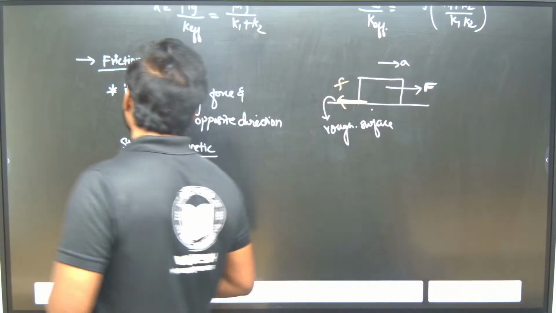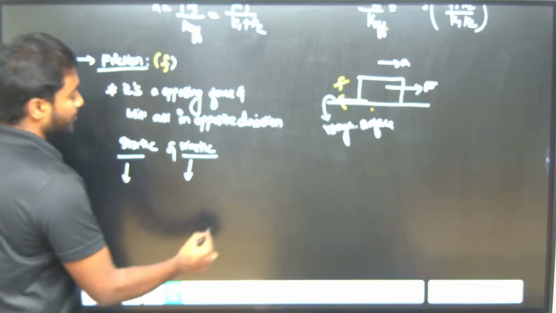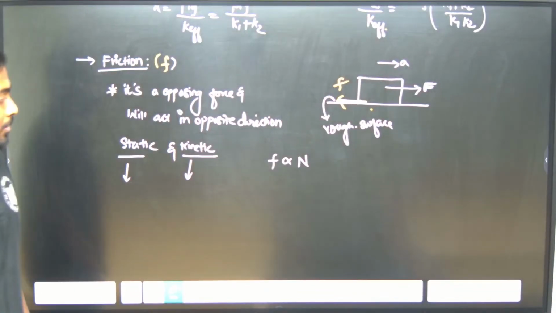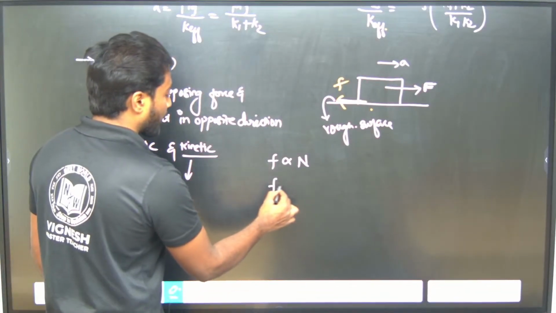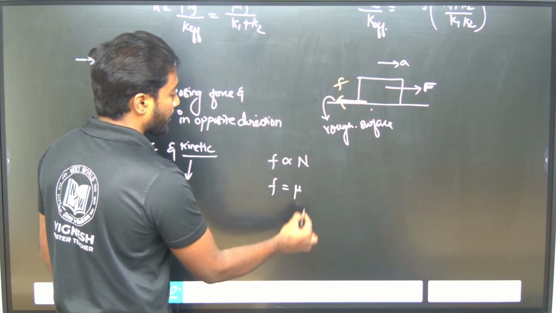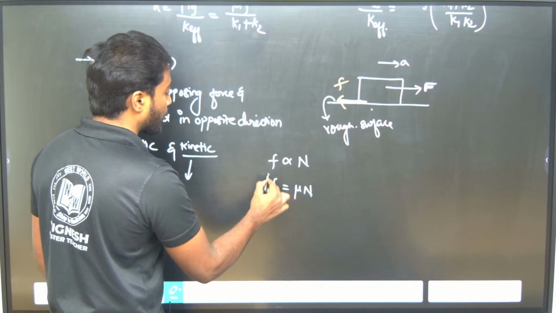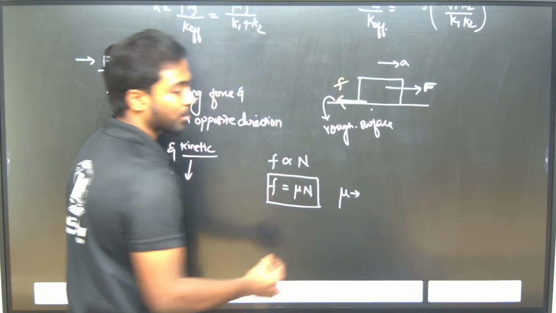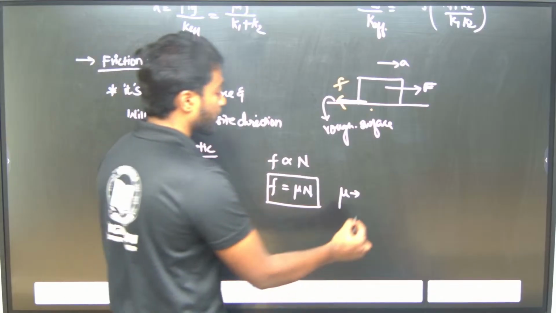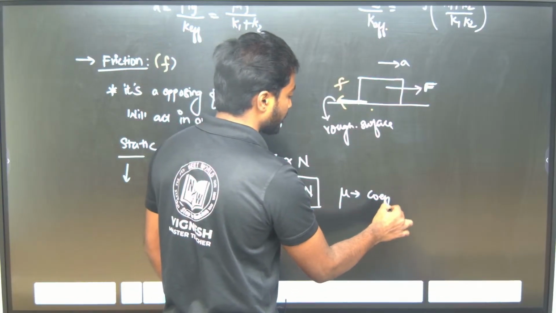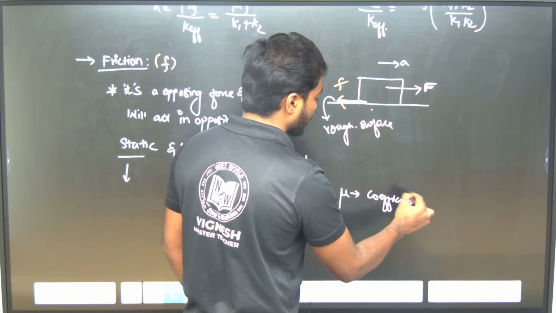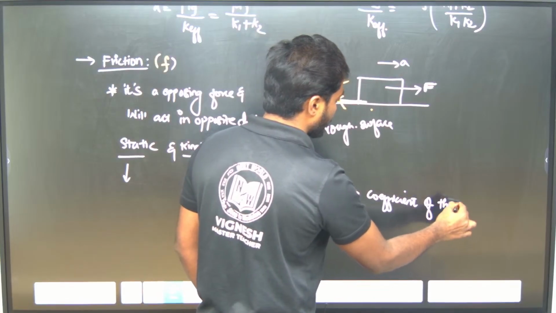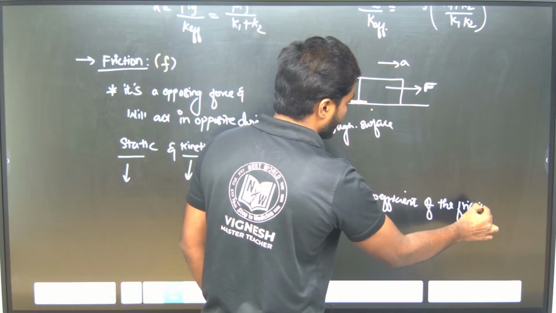This friction is directly proportional to the normal force, right. So, to remove the proportionality, we add a constant called mu. F is equal to mu N is the formula for friction, where mu is the coefficient of friction.